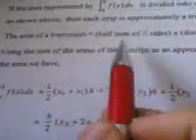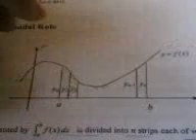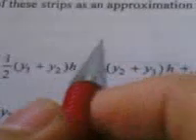So for the first area, it is 1 over 2 times the parallel sides y0 and y1, multiplied by the width of the strip, which is h. For the second area, it is half times the parallel sides y1 and y2, times the width of the strip, h. Then all the way to the end strip.